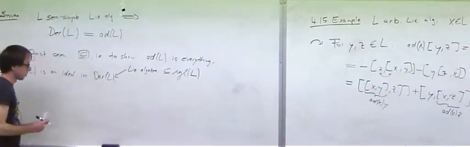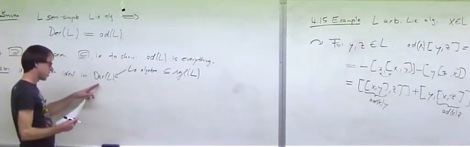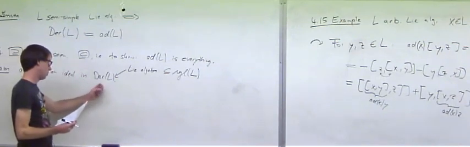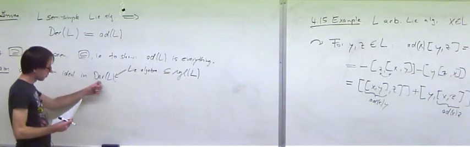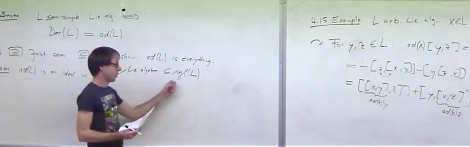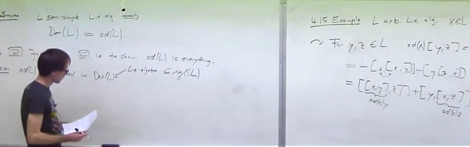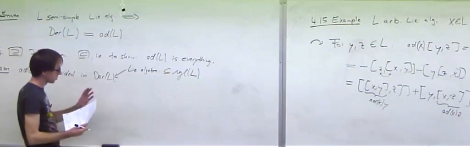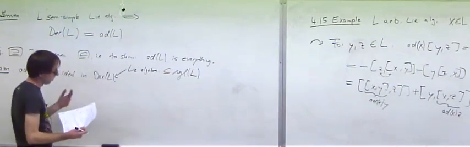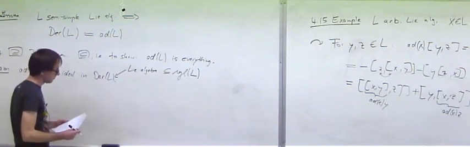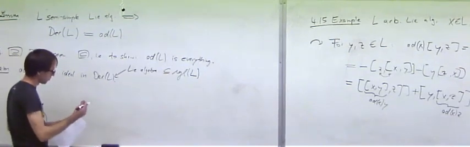And what's also easy to check but not totally obvious, so this is a small exercise or a small lemma if you want, is that this is actually a Lie subalgebra of gl(L). So it's closed under commutator. If you have two derivations, compute the commutator, the thing you get will still fulfill this product rule.